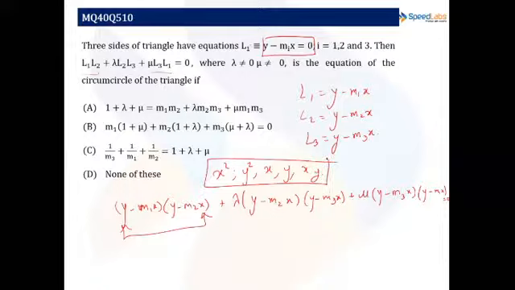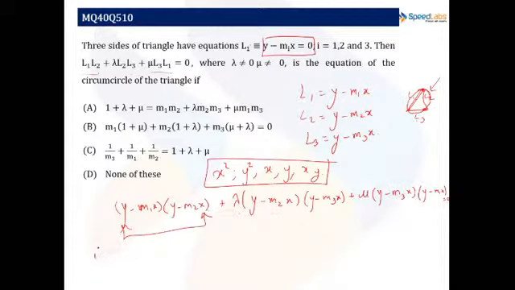Now in this question it is saying that this is an equation of circumcircle of a triangle, then there should be a circle which passes through the intersection of these three lines. Means on the intersection of L1 and L2, L1 and L3, and L2 and L3, there should be a circle passing through it. So this condition should represent a circle.